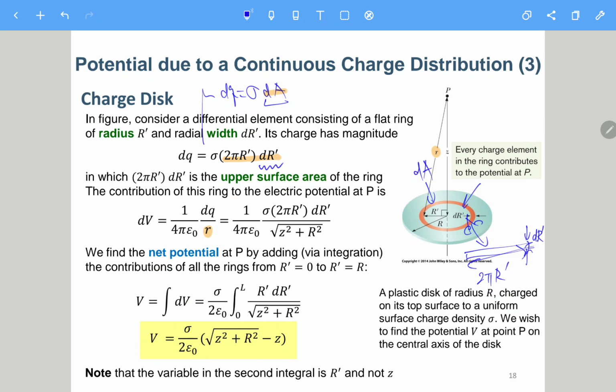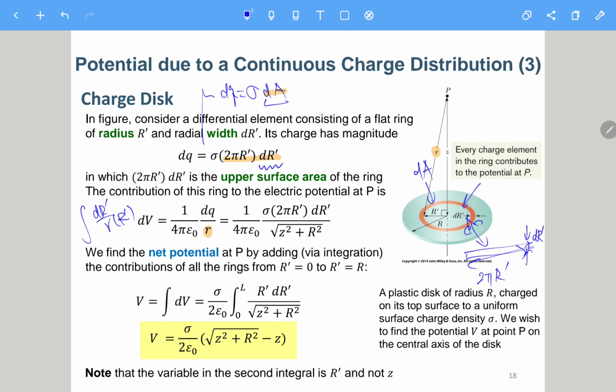We need to express all variables in terms of r prime rather than small r. Otherwise, we cannot do the integration. It would be like integrating dr prime with something like r, which we are not able to do. So we need r to be a function of r prime.